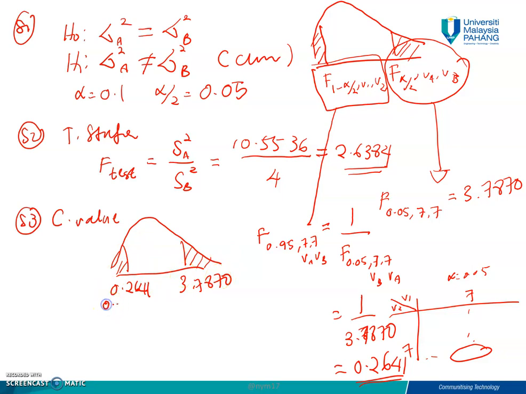You start from 0 until infinity. So that's why the left value should be smaller than the right value. So that is your critical value, step number 3. Step number 3 for the F test, for the F table, is very critical. You must be clear on how to read the table, how it is for the left side and everything.